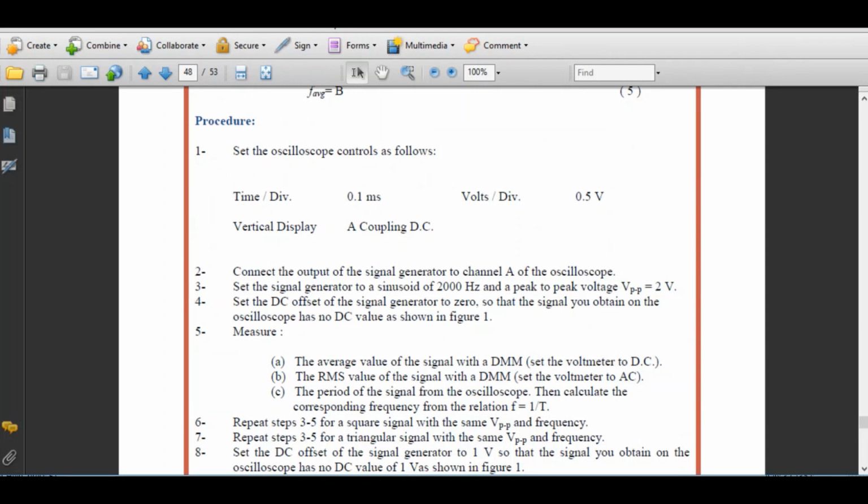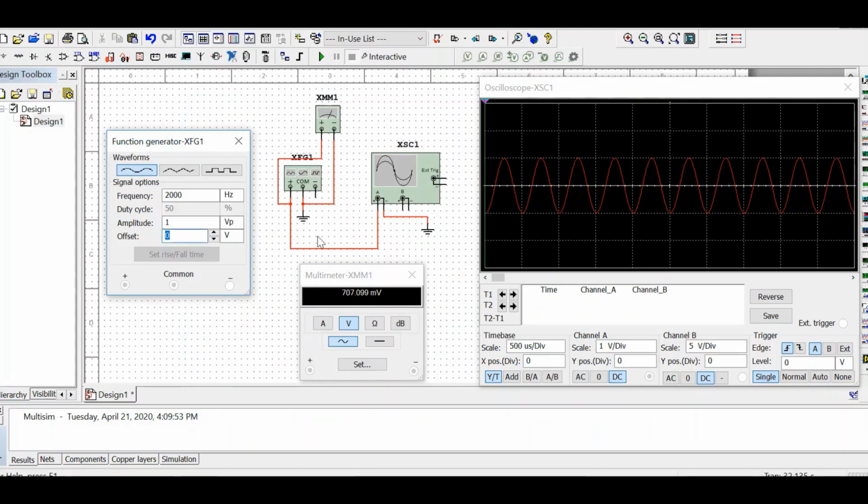Okay, let me show you the setup. This setup is the same as experiment number 7. You have the function generator connected to the oscilloscope, and I set the frequency. The amplitude is 1, as I already mentioned that we require 2 volts peak to peak, but V peak will be 1.